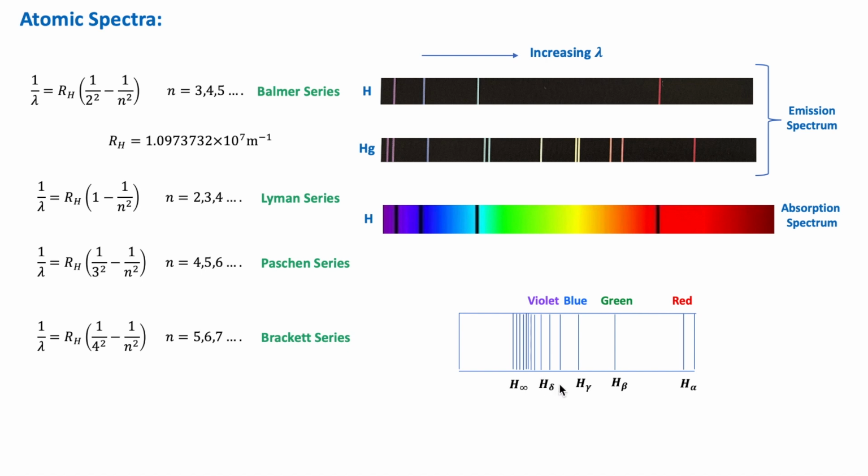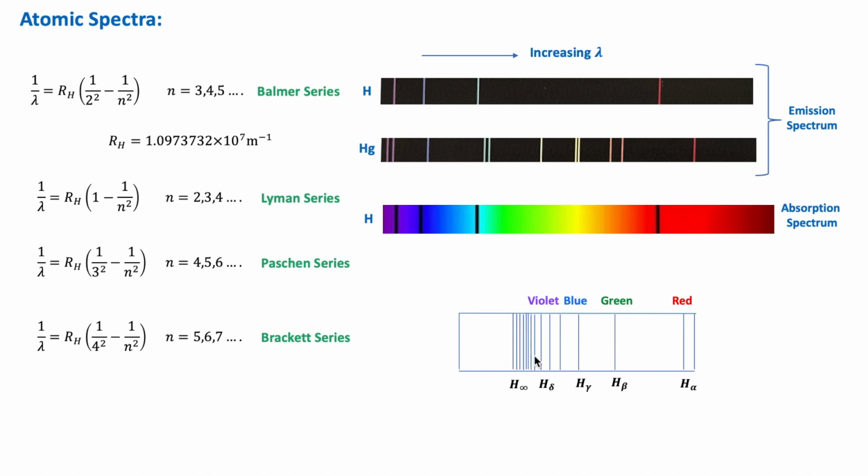These lines are H alpha, which is red, at a wavelength of 656.3 nanometer, H beta, which is green, at 486.1 nanometer, H gamma, blue, at 434.1 nanometer, and H delta, which is violet, at a wavelength of 410.2 nanometer, okay?